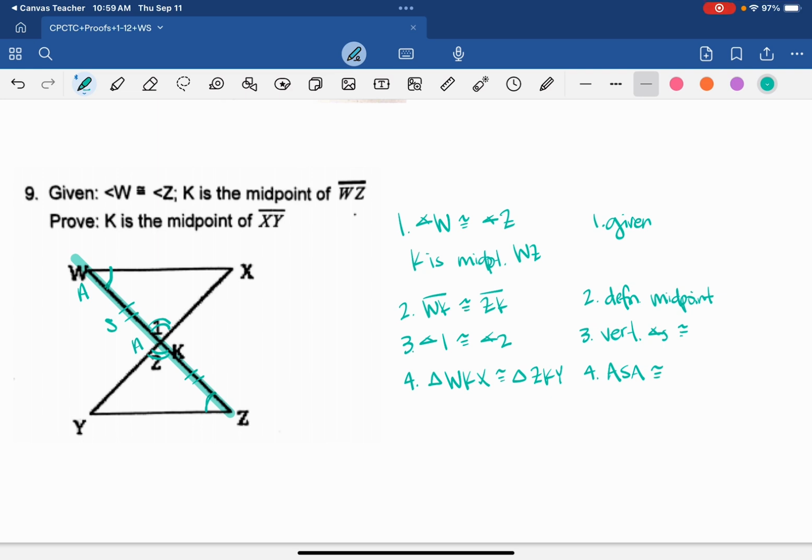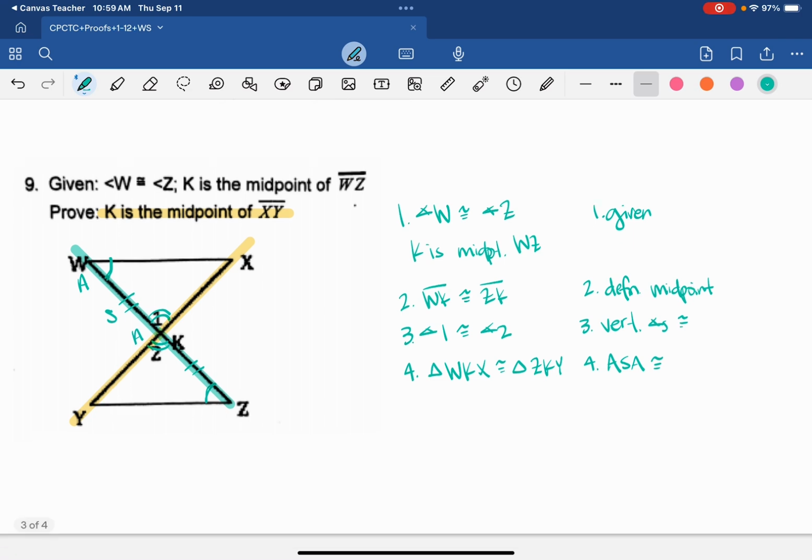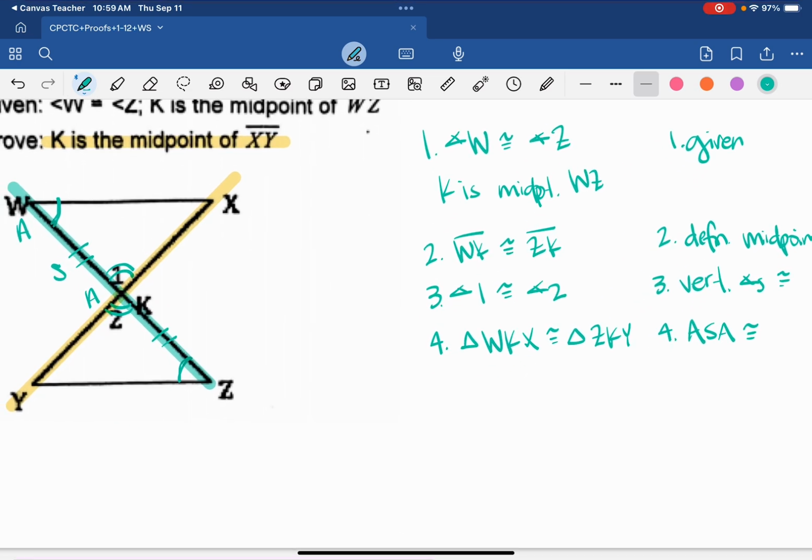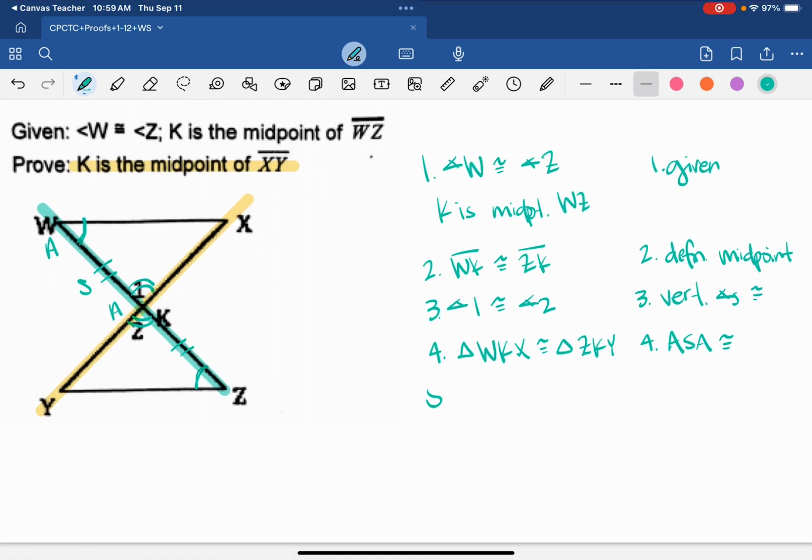Now, if we're looking to prove that K is the midpoint of XY, so XY is here in yellow, in order for K to be the middle of XY, I need to show that YK and XK are congruent. Well, now that I know that my triangles are congruent, I can use CPCTC to show that.